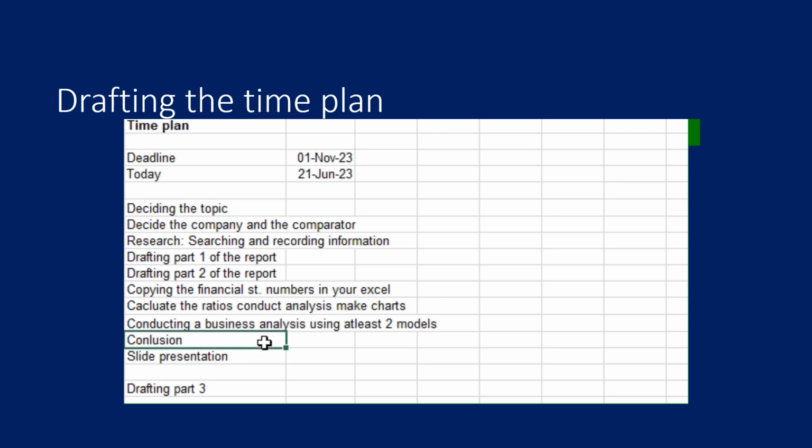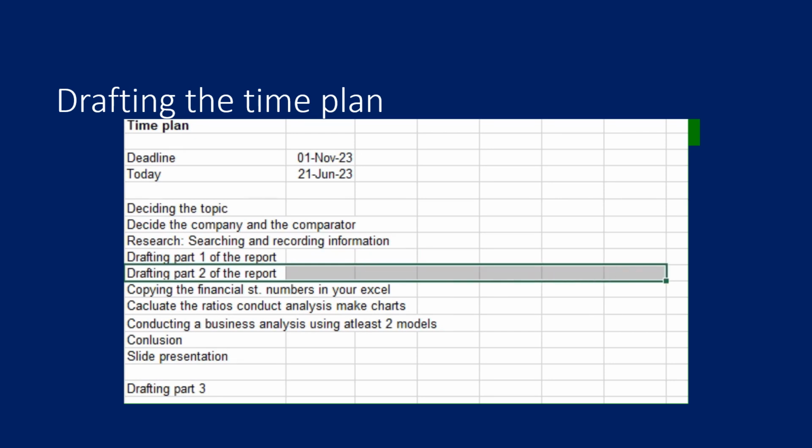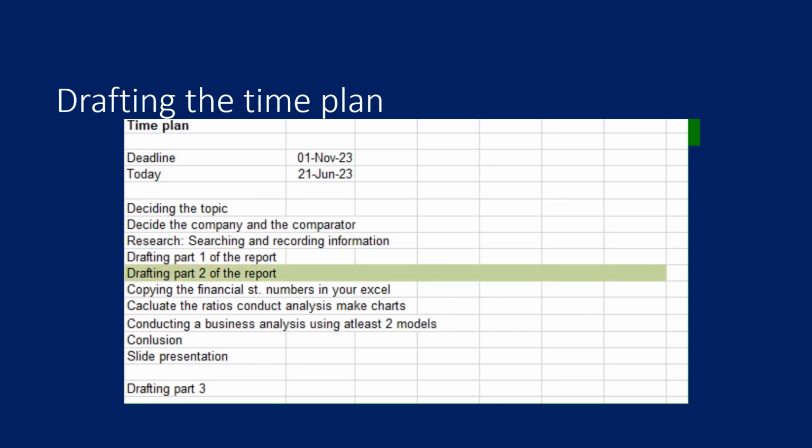When you reach out to the mentor, that should be when you have actually drafted the report, or at the point where you are, let's say, drafting part two of the report, because a lot of questions will erupt in your mind, and you would want to speak to someone, presumably the mentor, to guide you, to basically help you help yourself.